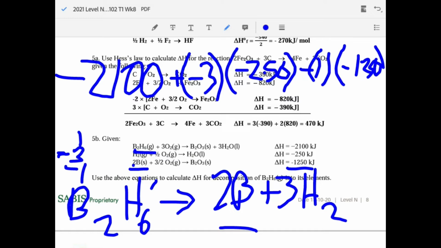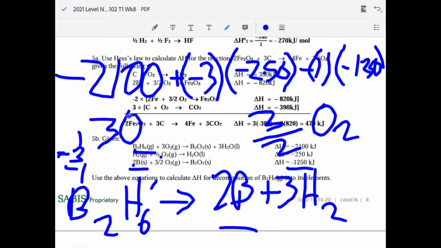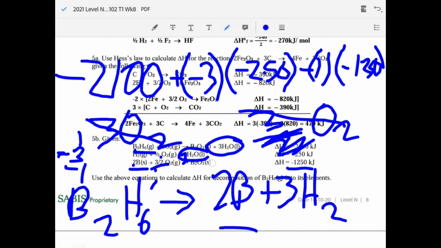So minus 3 is 3 over 2 on the product side, 3O2, and this is 1, so 3O2 is here, and then minus 1 here is 3O2, so this adds with the 3O2 and becomes 3. These cancel, and then 3H2O with 3H2O, they cancel, and B2O3, it's just 1.